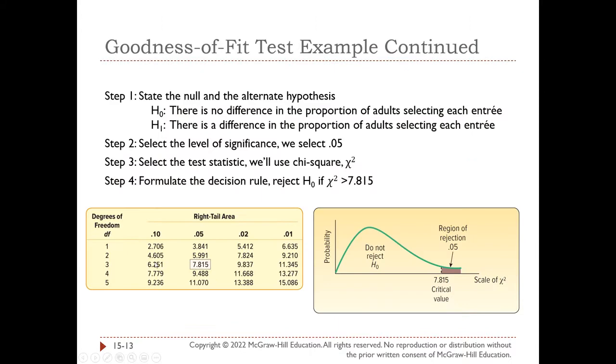Since we have 4 minus 1, that gives us 3. So in our chart, at 0.05, this means the critical chi-squared is 7.815. So it's going to be this tiny little part right here on the scale. Kind of looks more like the F distribution, but this is the chi one this time.